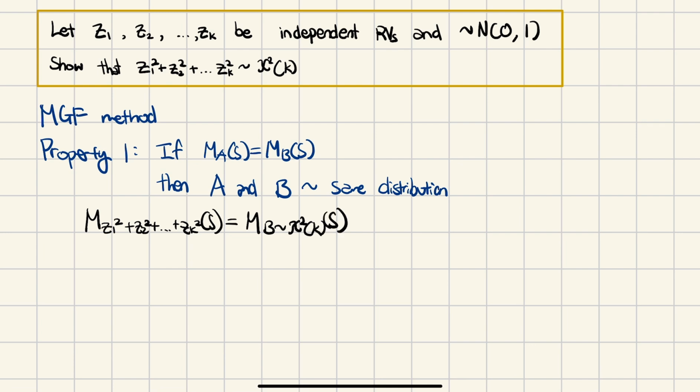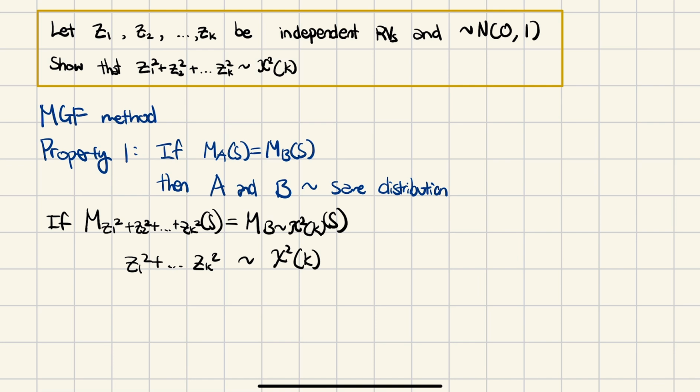Then we have that z1 squared plus all the way to zk squared follows a chi-squared distribution with k degrees of freedom.